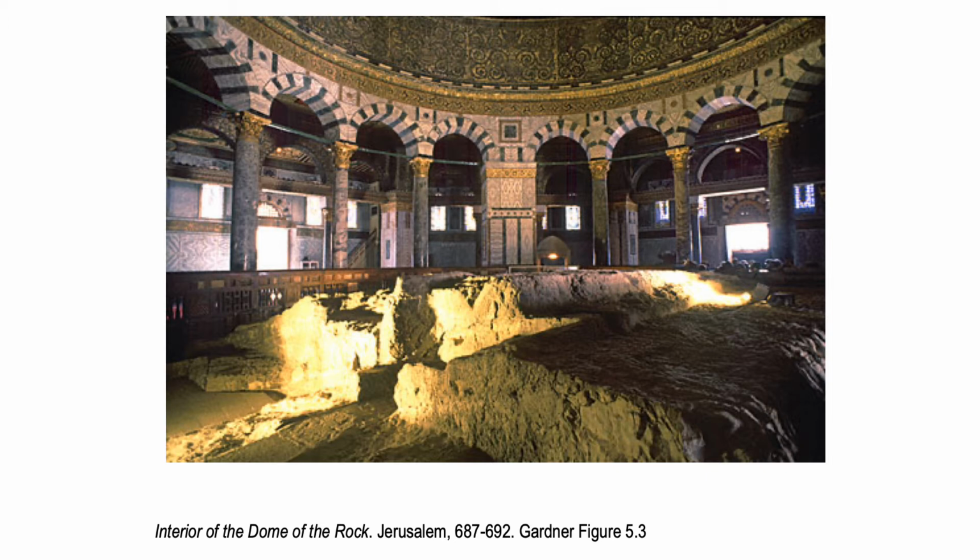In Christianity, it's Adam and Eve. So the Jews claim that this is the site in which Abraham prepared to sacrifice Isaac. It's also the site that the Temple of Solomon and King Herod was on, and it is where Muslims believe that Muhammad ascended into heaven.